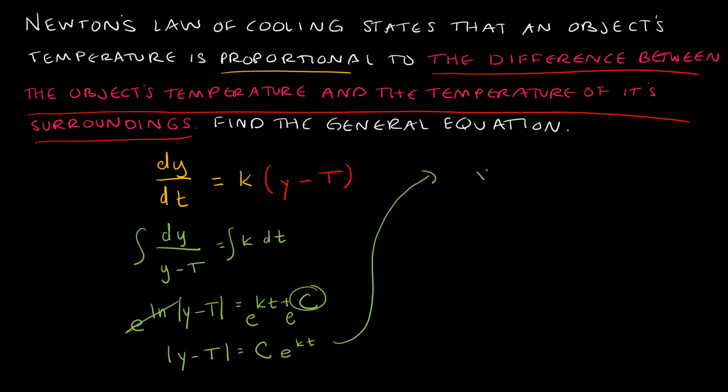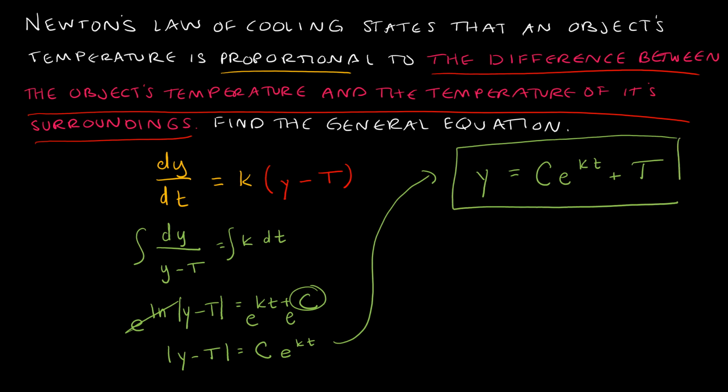So from here, I'm going to rewrite this by adding T to each side: y equals c e to the kt plus T. So it's exactly what we've done. The only difference is when we're dealing with Newton's law of cooling, we have to factor in this plus T, which is the temperature of the surroundings.